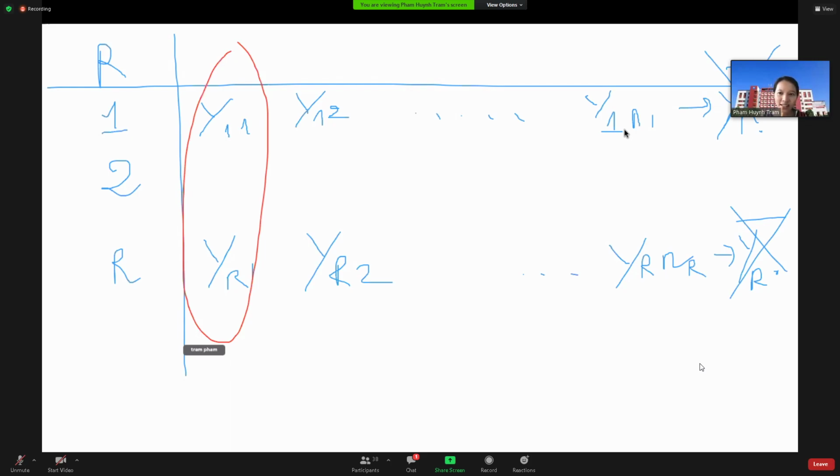What is the average time in system of the first entity after R replications? And what is the average time in system of the second entity that enters our system?